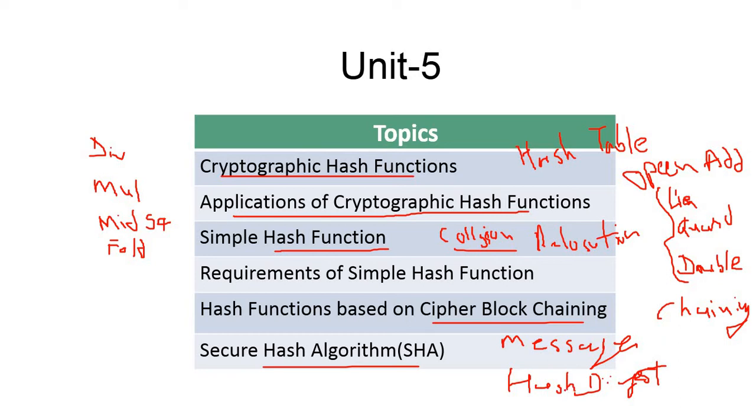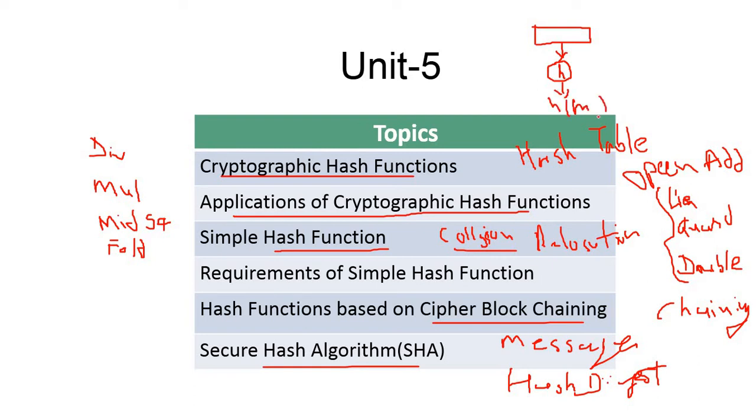So what is the application of hash digest? Whenever there are random size messages, by taking the random size message we apply the hash function on it, and by applying the hash function we get the output h of m.